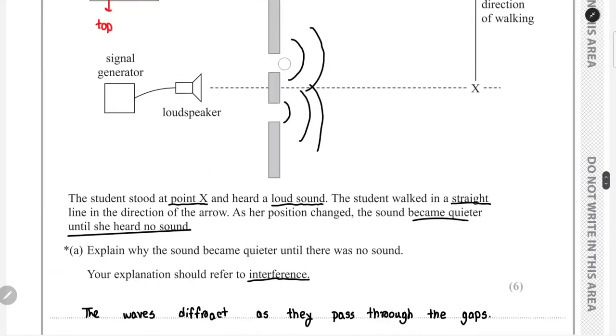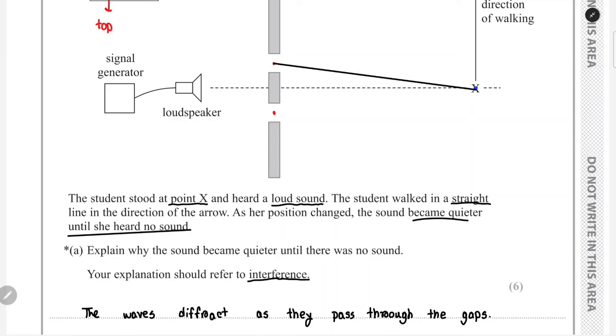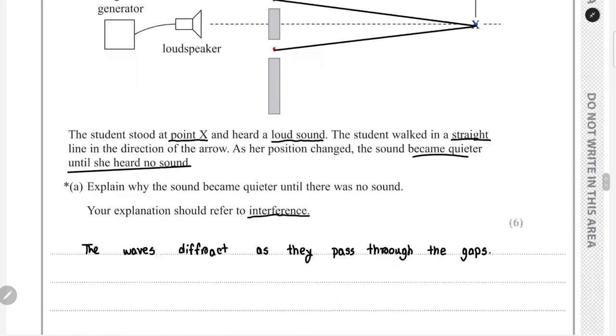Now if I look at the path difference, the path difference is the difference in distance from these two points at a certain point. If I consider X for example, the path difference is the difference between the lengths of these two black lines. At this point, the difference between the lengths is 0. This line and this line are of the same length.